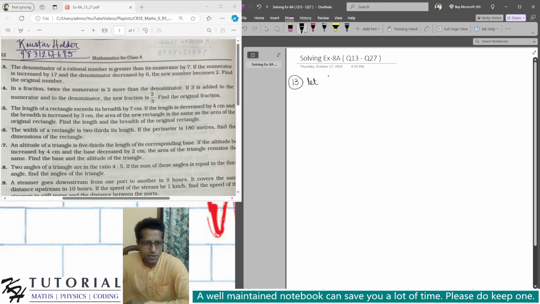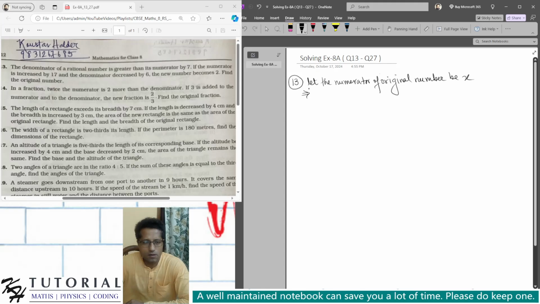So let the numerator of the original number be x.